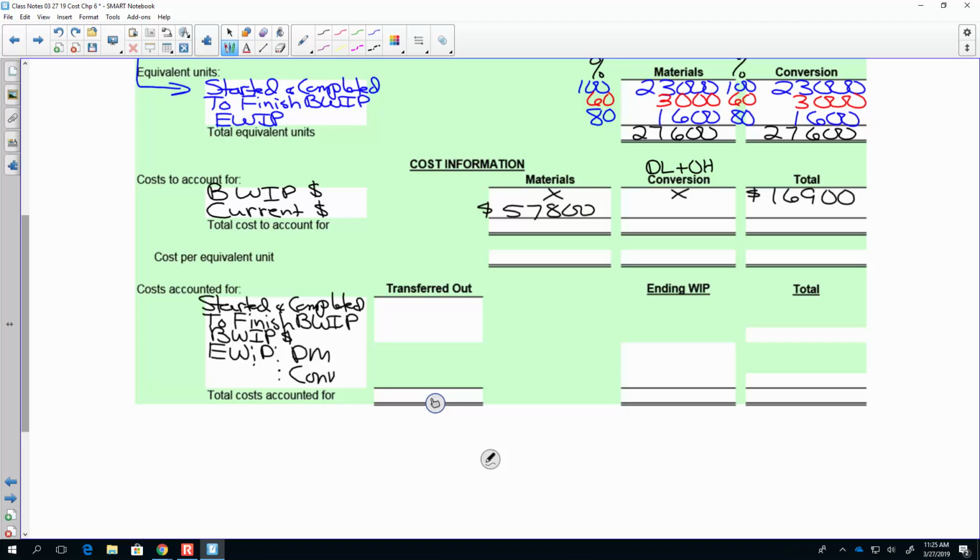And conversion was 95,220. I'm not going to do a subtotal here. It's not worth it. But I'm going to put my division here.